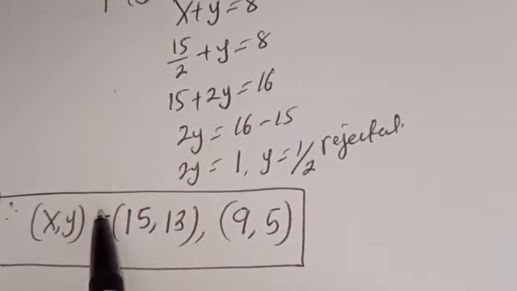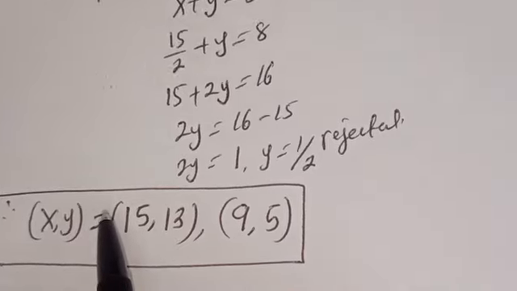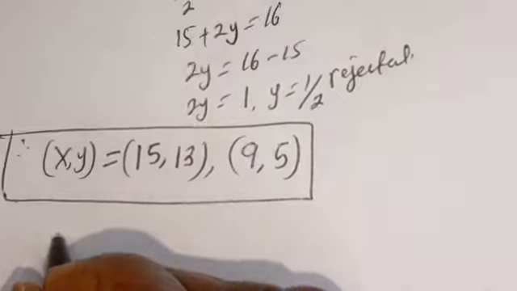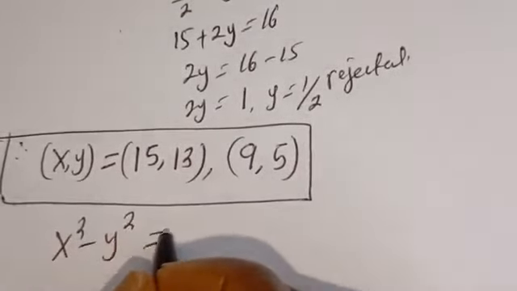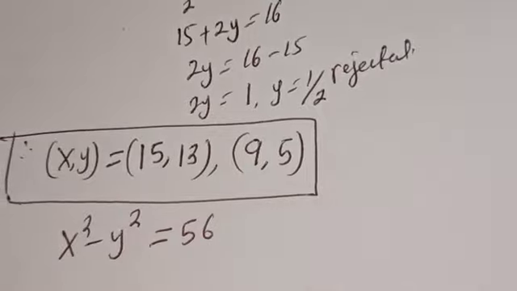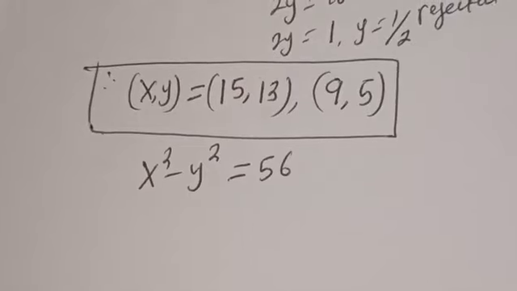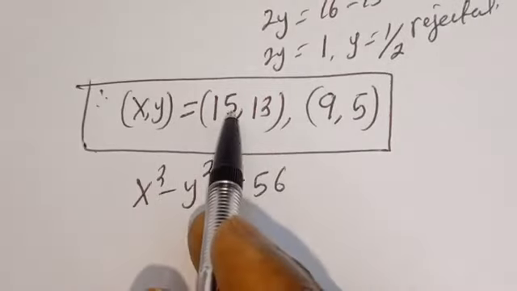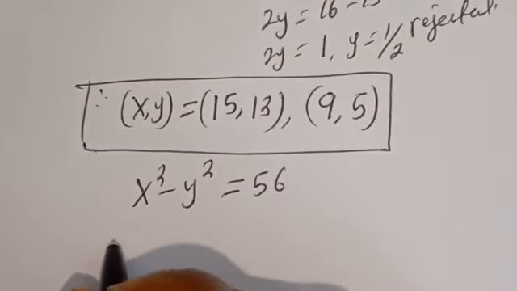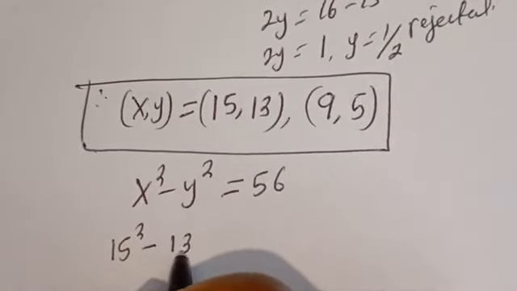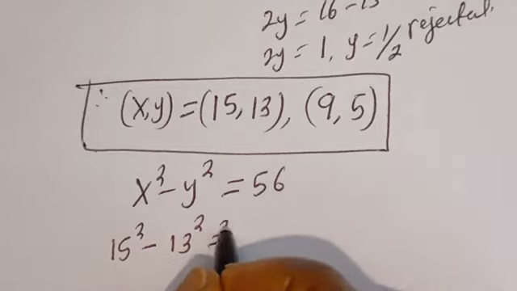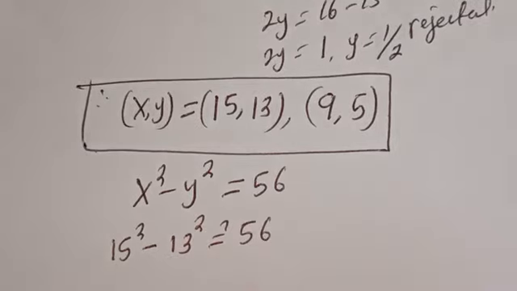Let's check. To check, we have the given equation x squared minus y squared is equal to 56. When x is equal to 15 and y is equal to 13, we have 15 squared minus 13 squared must be equal to 56.